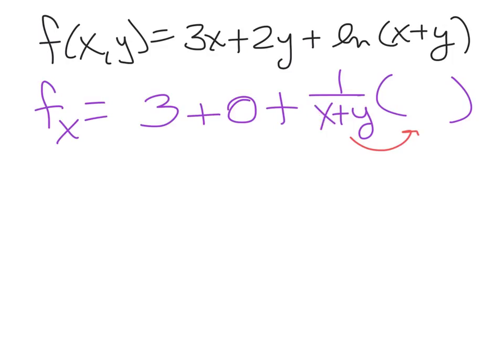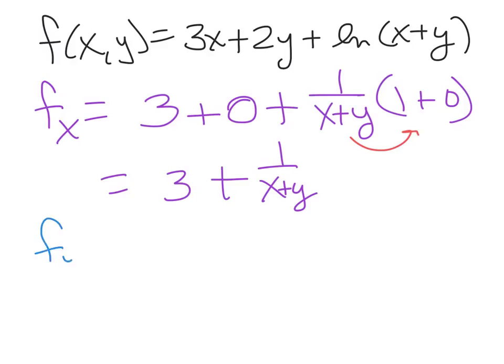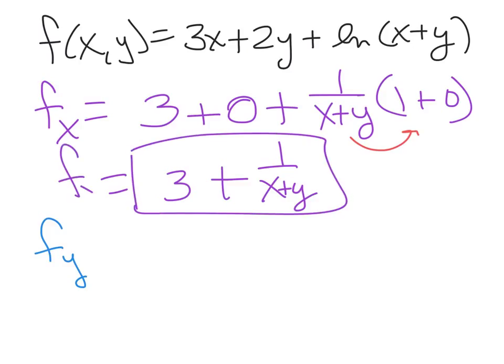The derivative of x is 1, and the derivative of y, since it's a constant, is just 0, so it's plus 0. Simplify that, you get 3 plus 1 over x plus y. We can box this. This is f sub x.